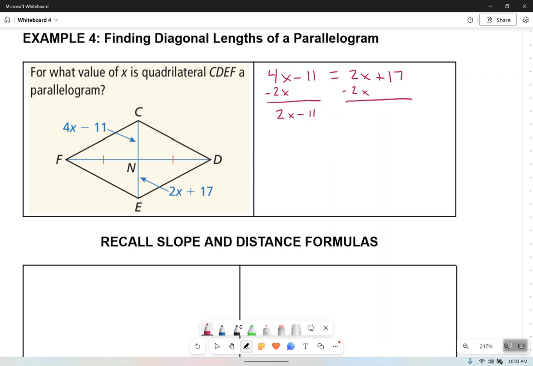Well, let's go minus 11 first is equal to what? And then 2x would equal what now by adding 11 to both sides? 28. What's that make our x value here, kids? 14. Okay.